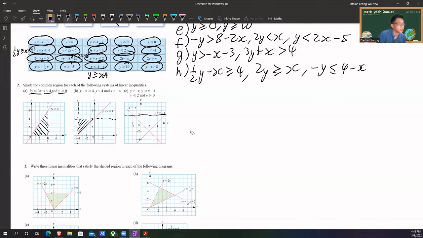So shade this whole part. This whole area is the shaded region that satisfies all 4 of these inequalities. So that's how we identify where we should be shading.